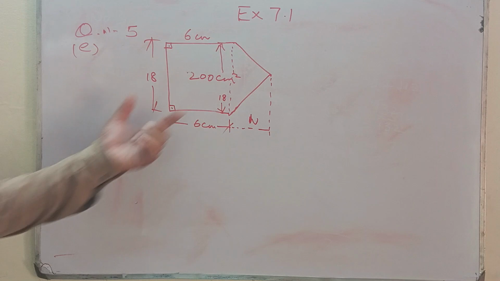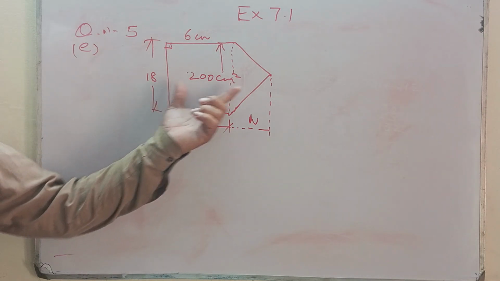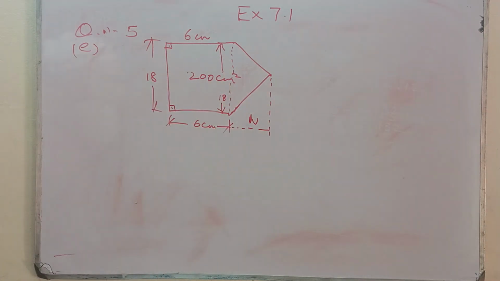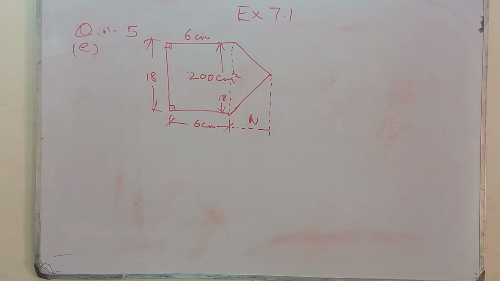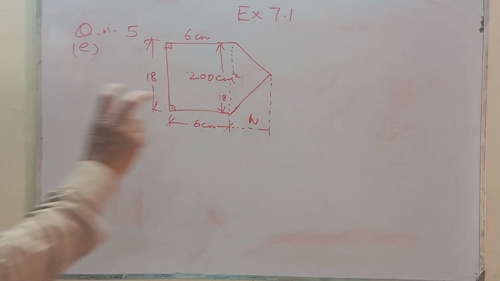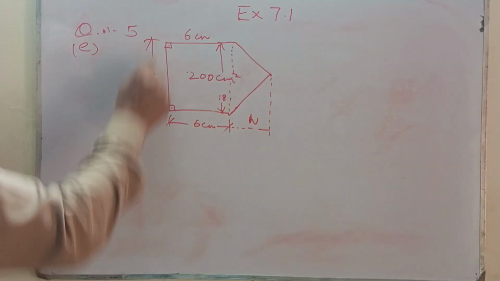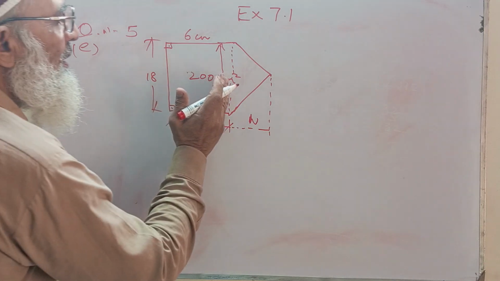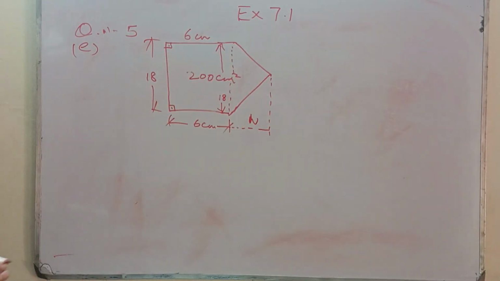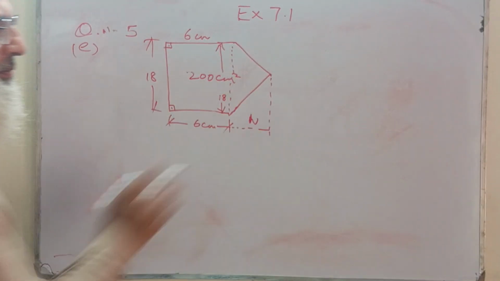Now we have to cut the area from this square. You might have seen an envelope. This is an unfolded envelope. So the whole area is 200 centimeters square. But we'll separate this area from this area, then we'll find the height.